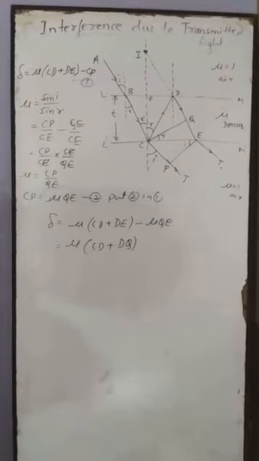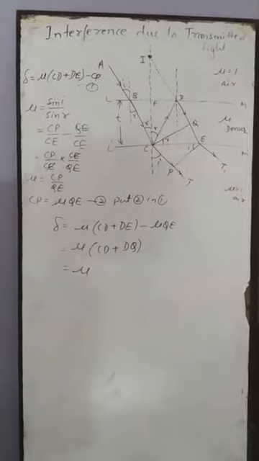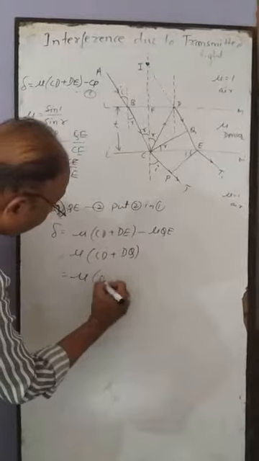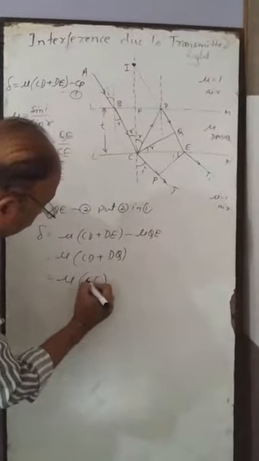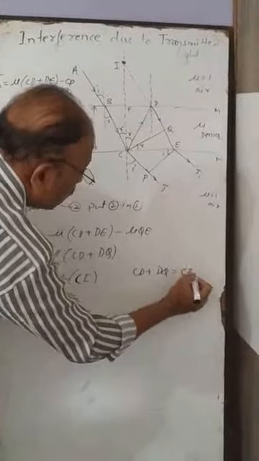What is CD plus DQ? From the figure, CD plus DQ is equal to CI.